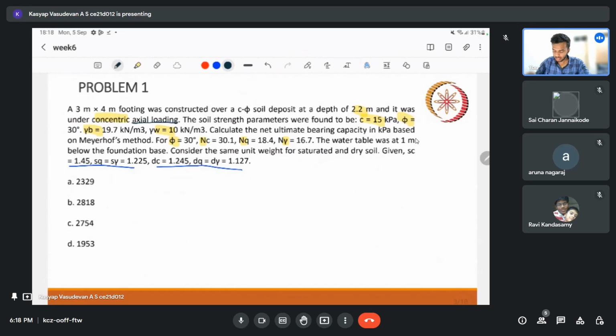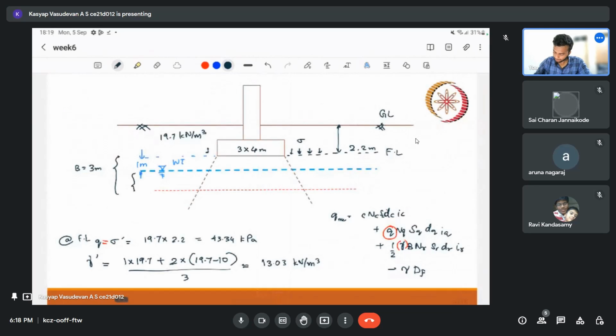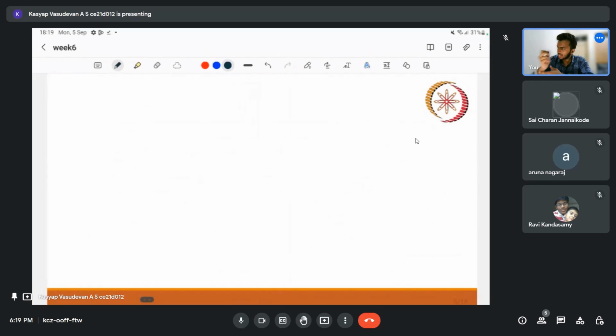And eccentricity is also not there. Okay, so let us just write our values. Nc is equal to 30.1, Nq is equal to 18.4, N gamma is equal to 16.7.